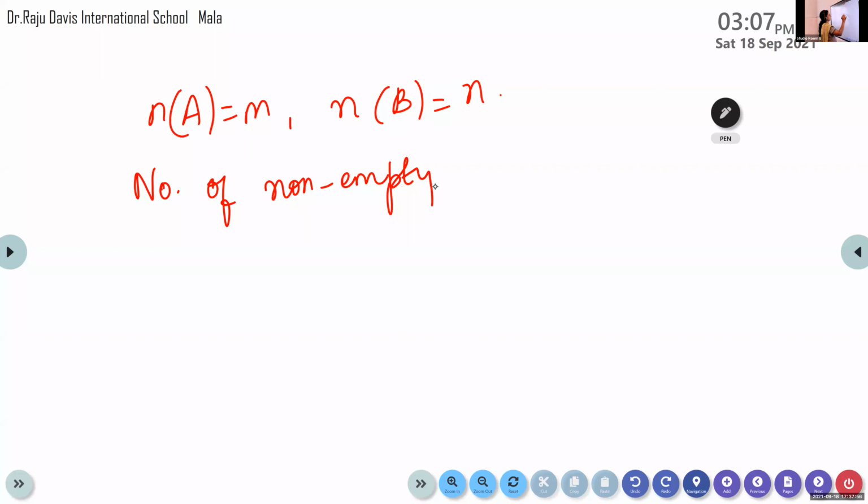What is the answer? How many relations? Earlier we discussed one formula there. So it will be the total number of relations, but the question here is non-empty relations.